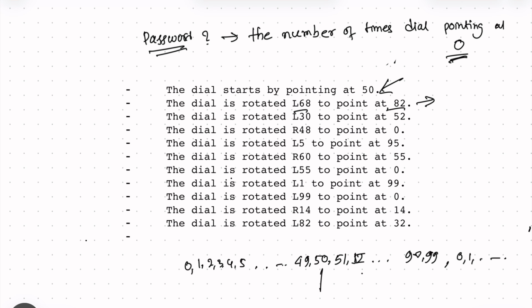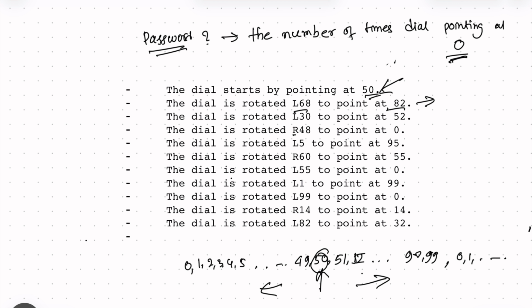And our starting point is 50, right? So L68 means we have to go in the left direction, the lower side of the numbers, and R means we have to go in the right direction, the higher side of the numbers. By default the starting point is 50.